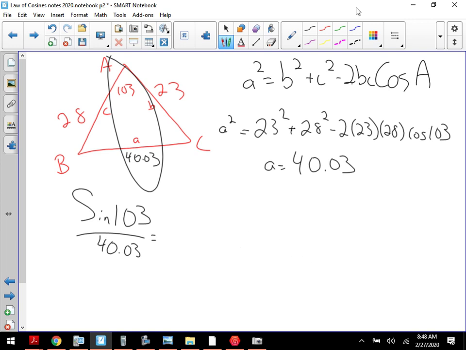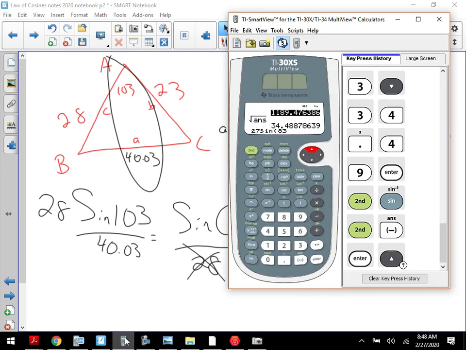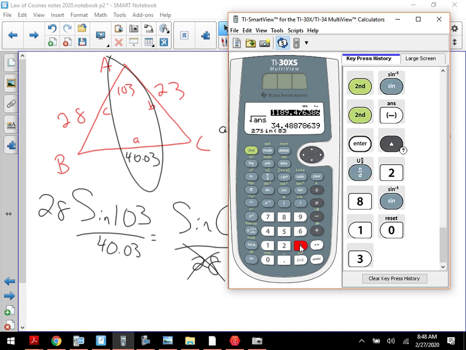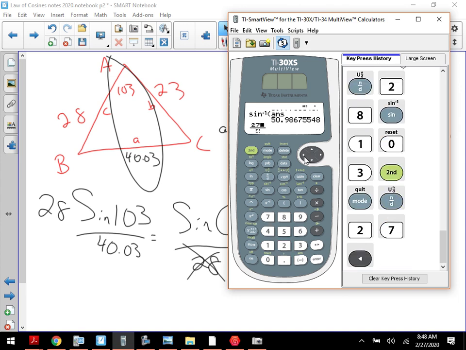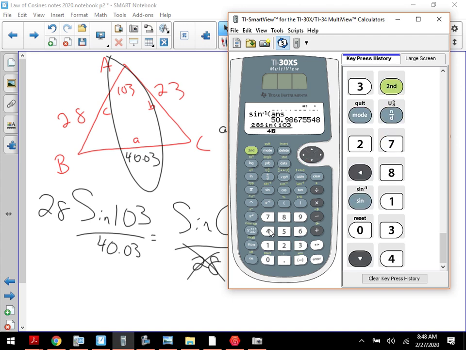Then we have sine of C over 28 equals sine 103 over 40. We all know that we've got to multiply by the 28. So if you wanted to start writing that there and not worry about it, then you know how to type that straight in. Okay, so if I go to my calculator, fraction bar, 28 sine 103 over 40.